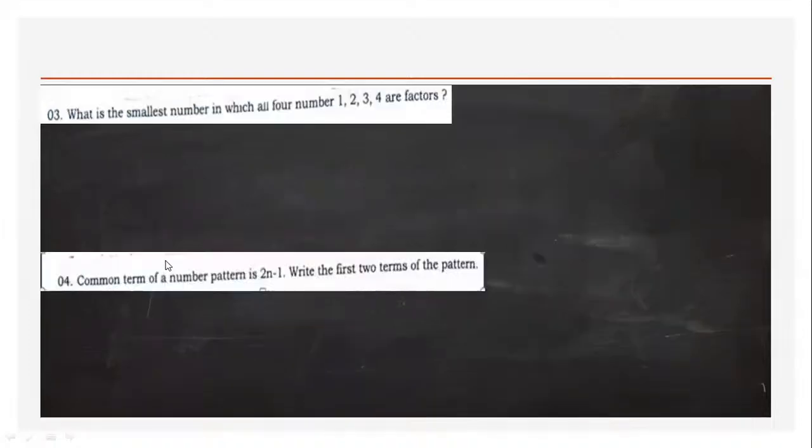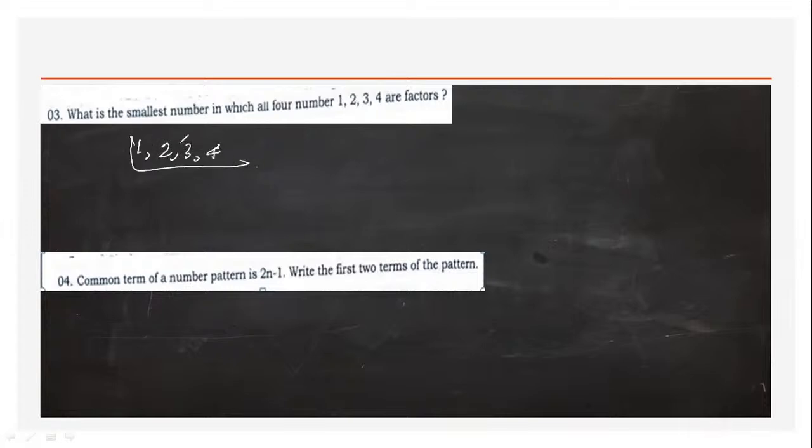Next question: what is the smallest number in which all four numbers 1, 2, 3, 4 are factors? Indirectly they are asking for the LCM, the least common multiple. Write 1, 2, 3, 4.